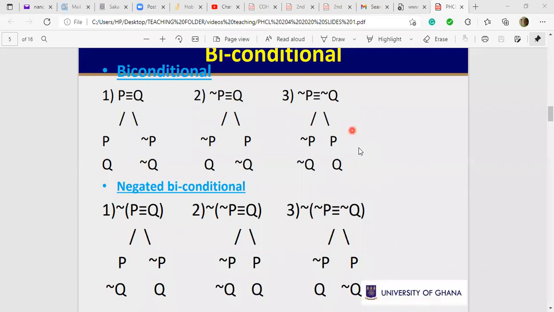Hey, it's what? It's a disjunction what? It's a disjunction. Which has done what? Anybody wants to try? The main connective.